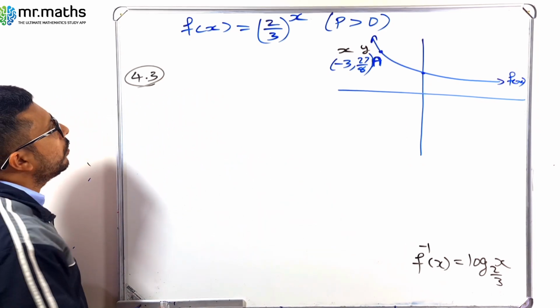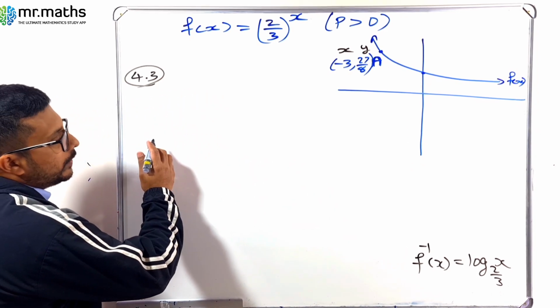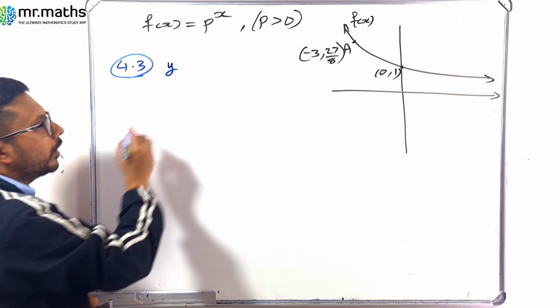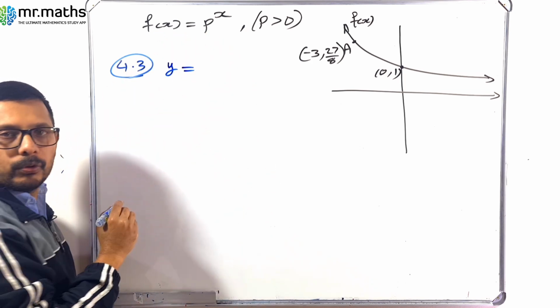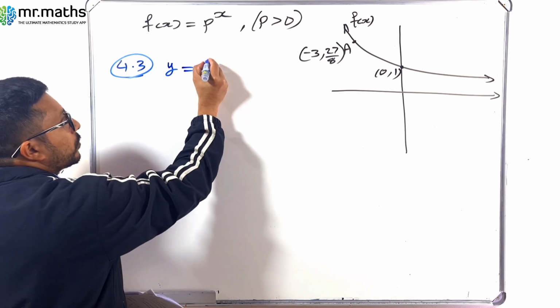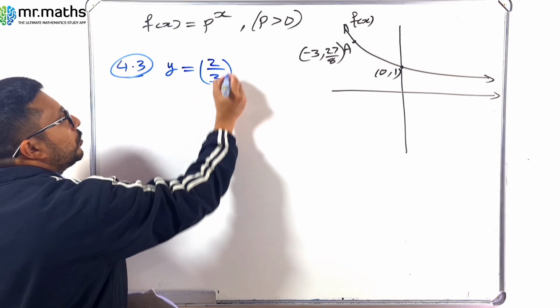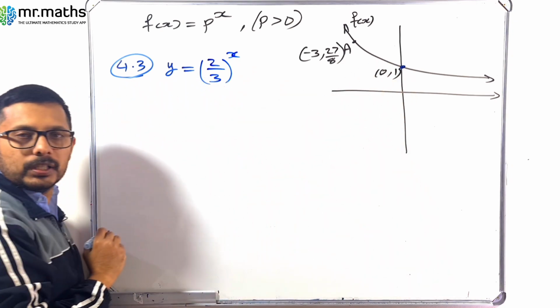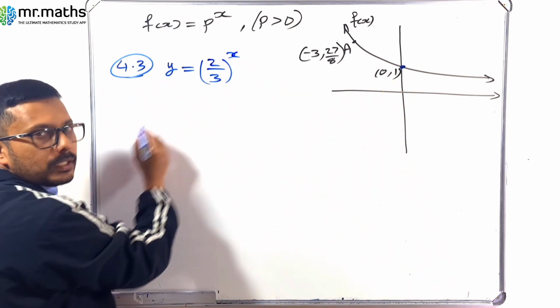Okay, so now let me write that equation. F of x is the same as y. Y is equal to, the value of p we got in the previous question, 2 over 3, so it is 2 over 3 raised to x. Now this is the y-intercept. How can you find the y-intercept? The value of x is 0.